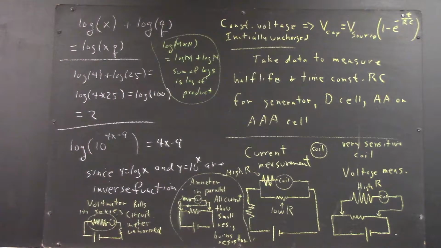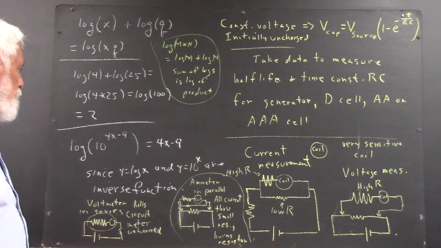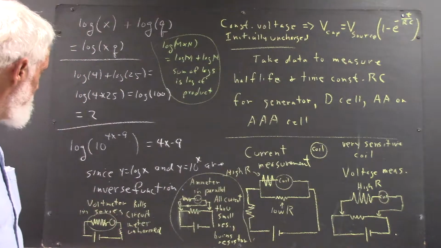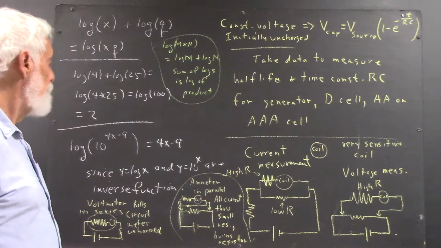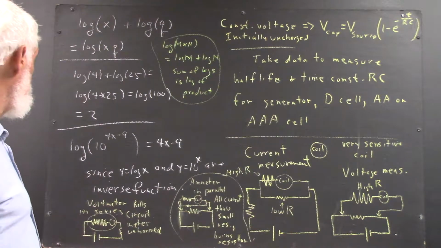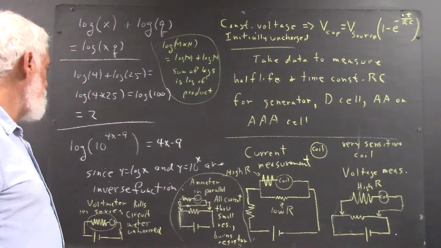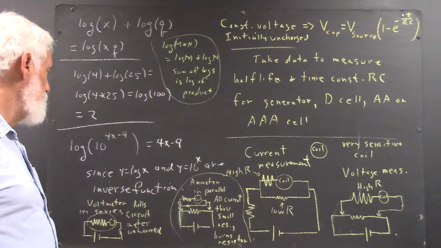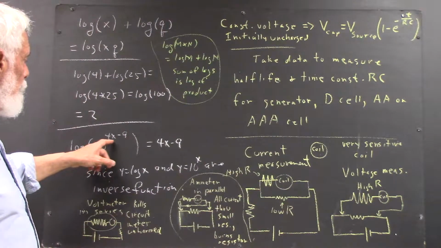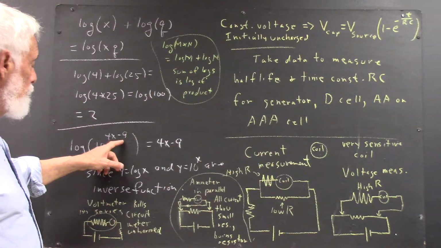Okay. Well, now, another thing we have is the equation, and I thought I had more equations than this, but I don't. Okay. Well, we can say that the log of 10 raised to the 4x minus 9 is what?